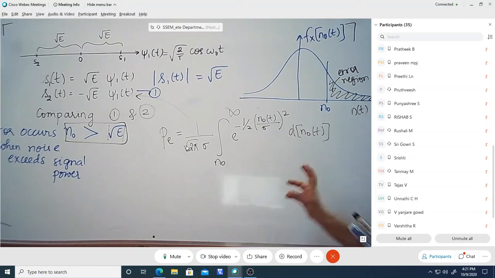Now we need to do small manipulations here in order to obtain the expression. I am going to write it on the other side.